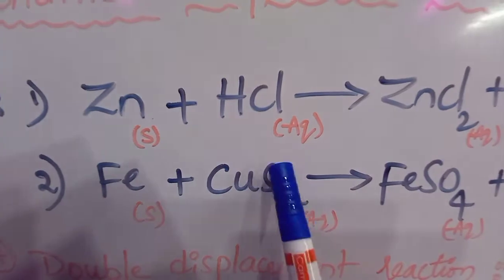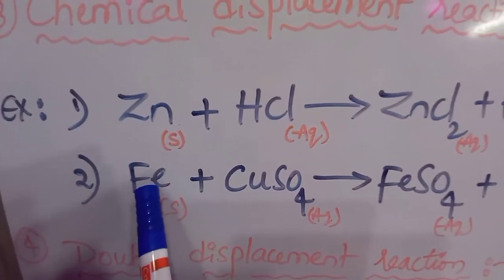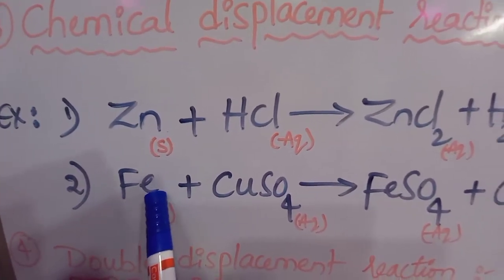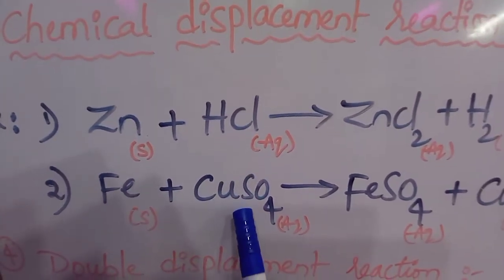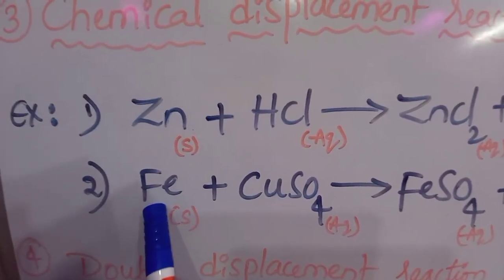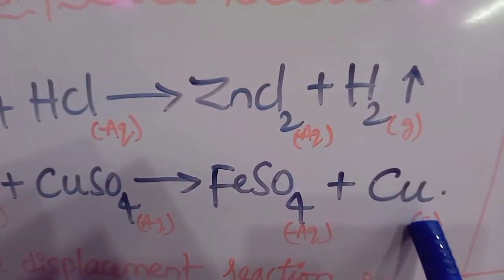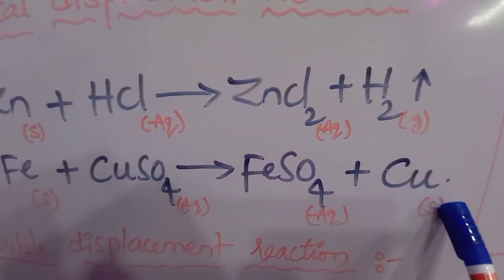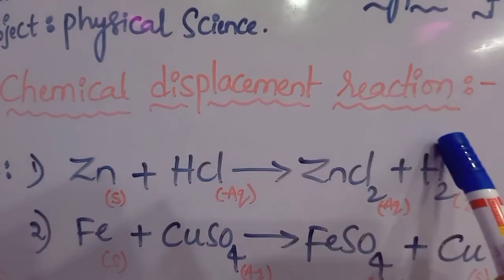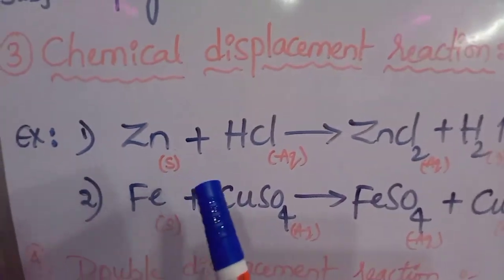Always remember children, in displacement reactions, the more reactive element only displaces the less reactive element from its compound. So as copper is less reactive, it is displaced by iron, and so we get FeSO4, iron sulfate, plus copper is released outside. So these two products we will get. These two examples are chemical displacement reactions, as displacement of one element by another element is taking place.